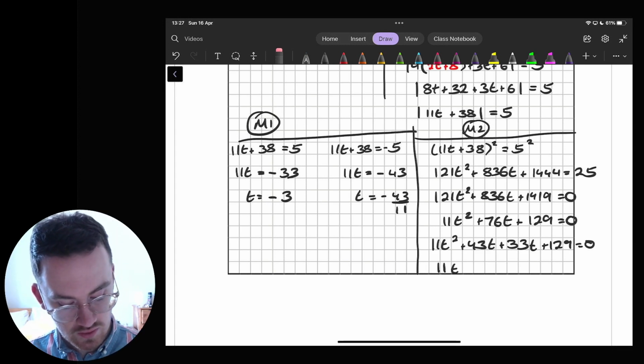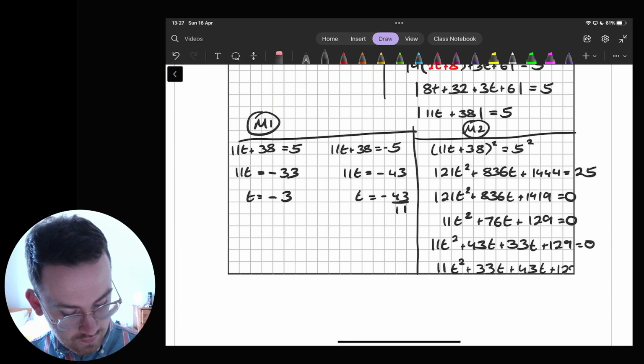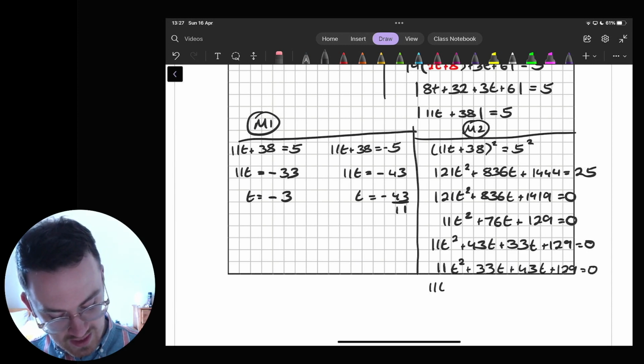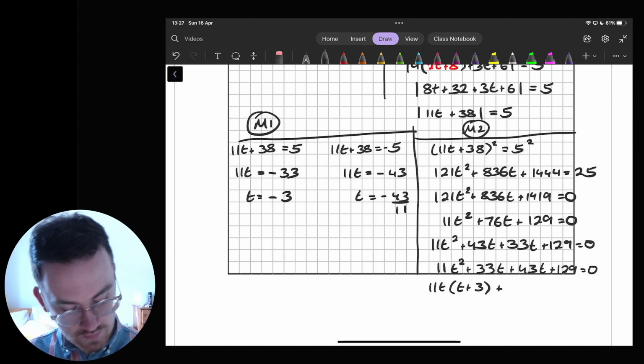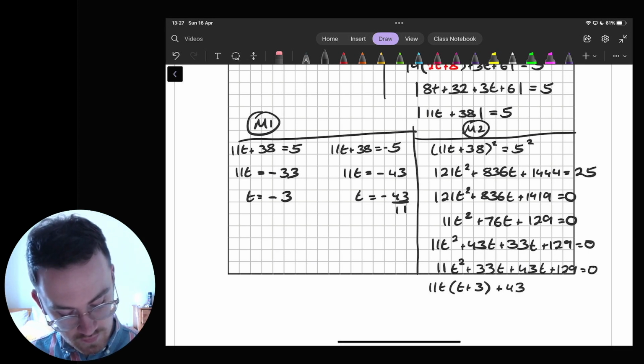I'll have to just rearrange here as well to allow me to factorize a bit easier. So 11t plus 43, t plus 3.